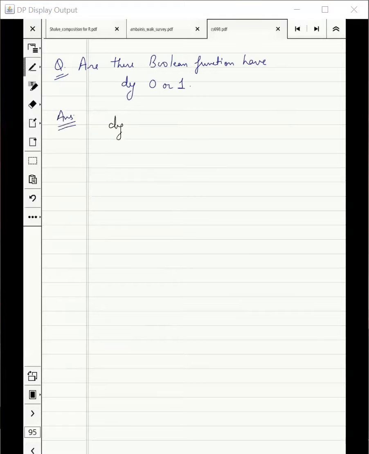Degree 0, what are the examples? Two examples. Function f of x is equal to 1, no matter what x is. F of x is equal to minus 1, no matter whatever the value of x is. Exactly these two functions have degree 0. What about degree 1? Dictator functions. You have to make sure that the function is Boolean.